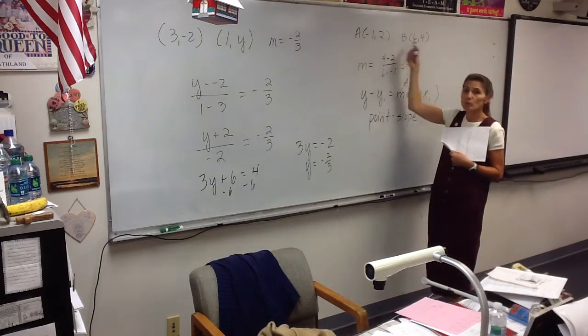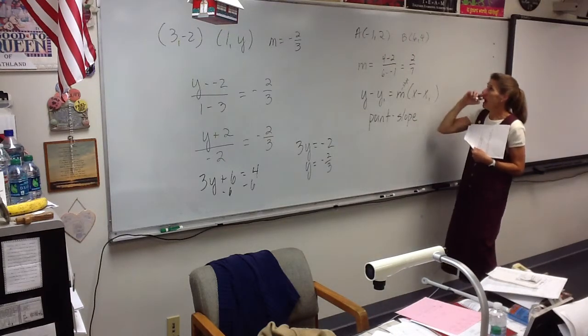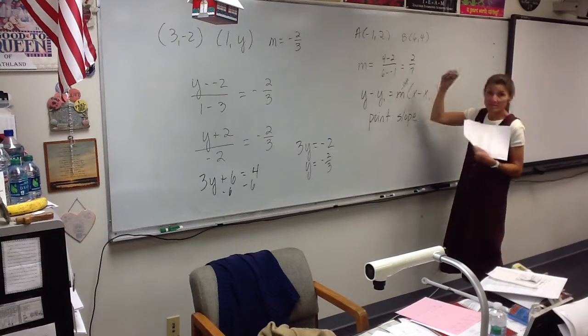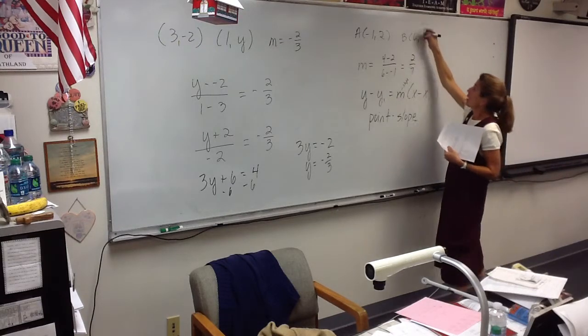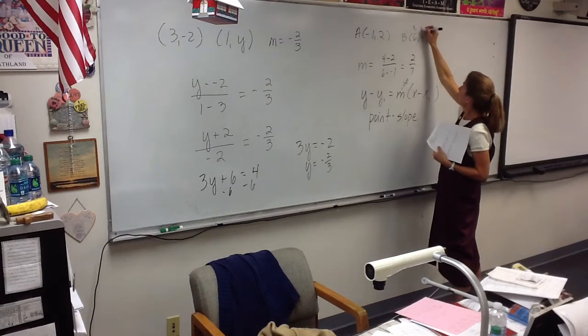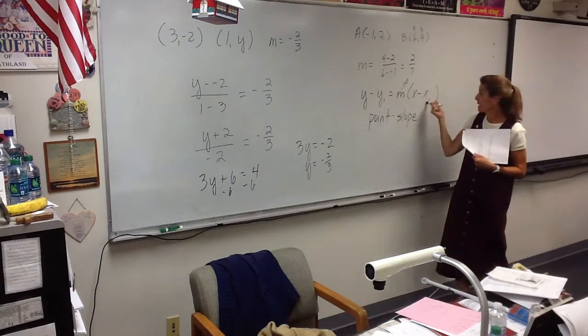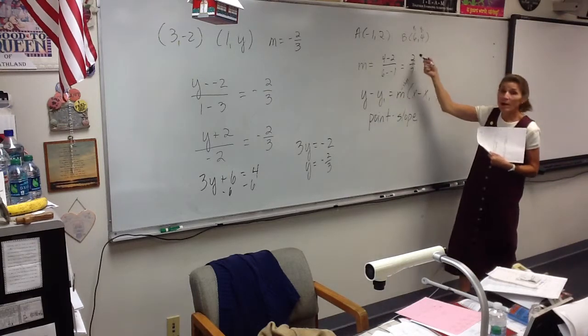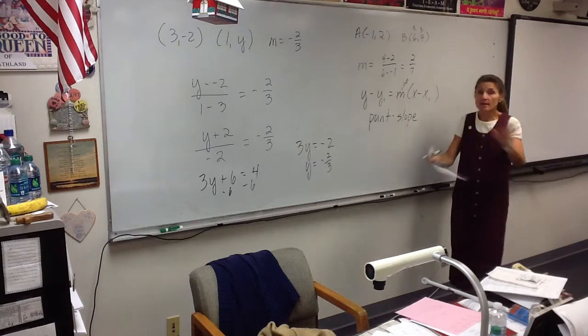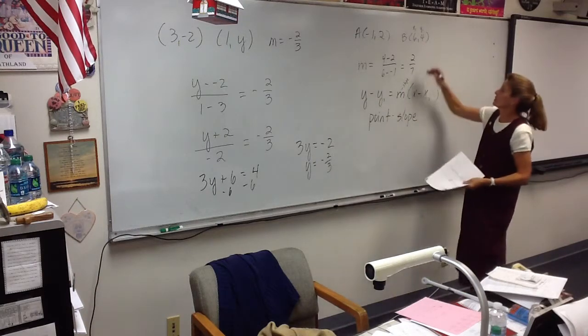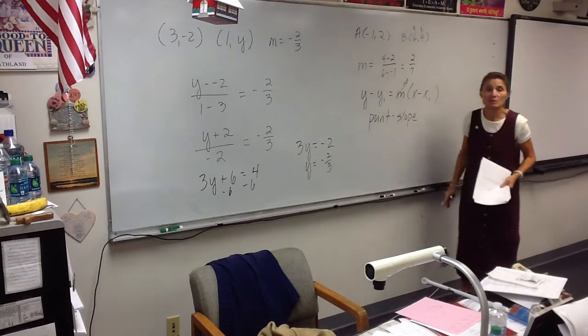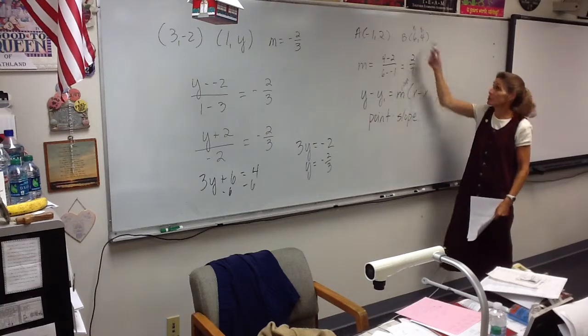It doesn't matter which one you use. I prefer to use positives, so I'm going to call this x1, y1. One of your 2 points. It doesn't matter. Don't be confused. One of your points is going to be the one you're going to use. I choose this one.